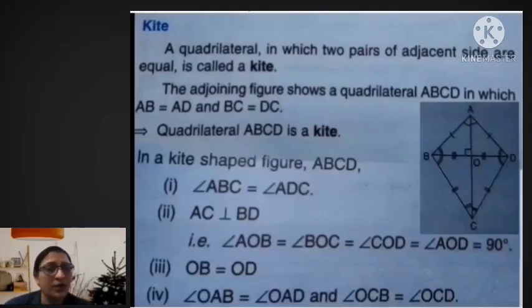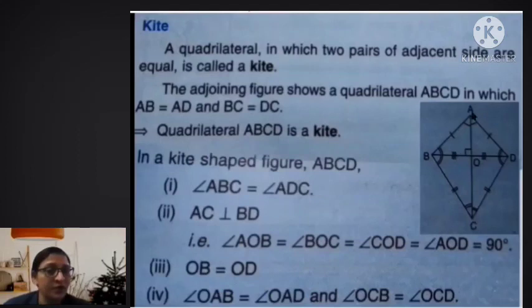Lastly, we reach at the quadrilateral kite. Kite is a quadrilateral in which two pairs of adjacent sides are equal. Take a quadrilateral ABCD in which side AB is equal to side AD, side BC equal to side DC. These both pairs are the adjacent sides. Also, we can see in this figure, angle ABC is equal to angle ADC, which are the opposite angles of the kite.